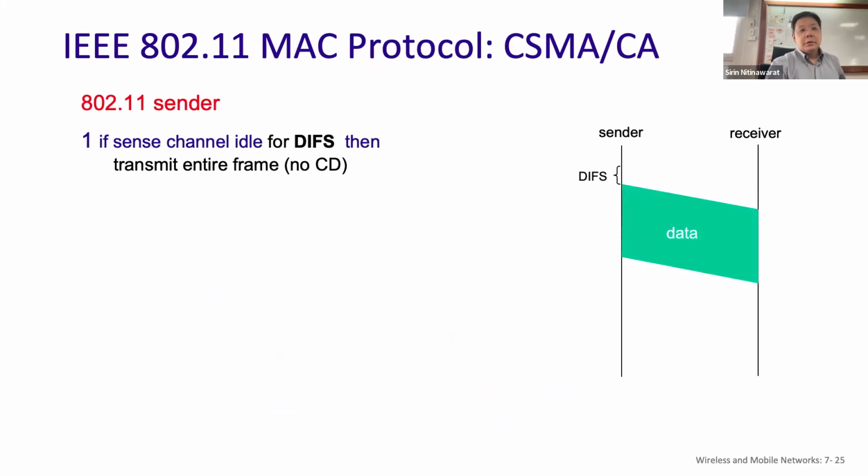So this collision avoidance goes like this. First, before any Wi-Fi sender attempts transmission, it will first sense the wireless medium to see if it's idle or not, meaning there's no other pending communication from another device. It will sense the channel for a suitable predefined period of time called DIFS.